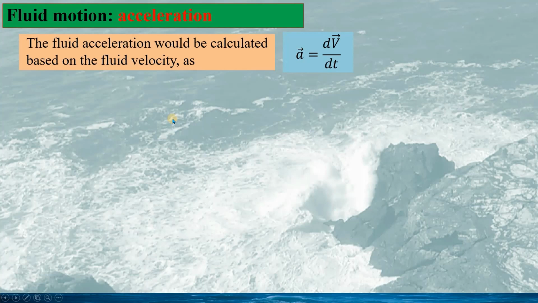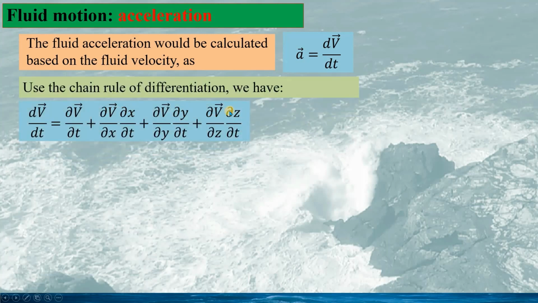In the Eulerian representation, the fluid acceleration would be calculated as this based on the fluid velocity vector v. As we have mentioned before, the fluid velocity vector v would be the function of the independent parameters x, y, z, and t.